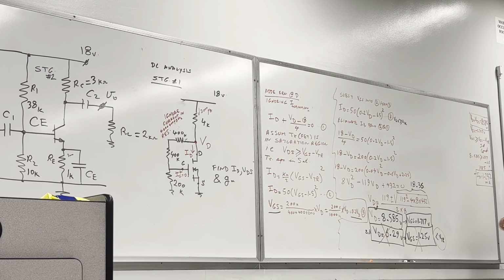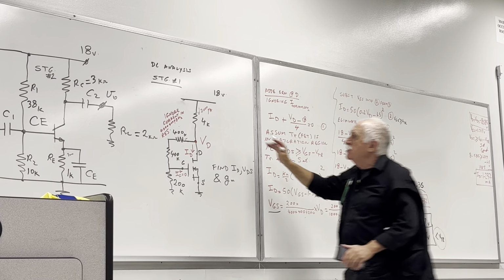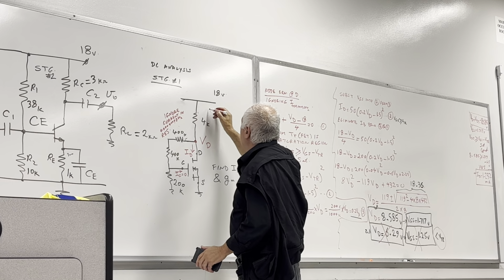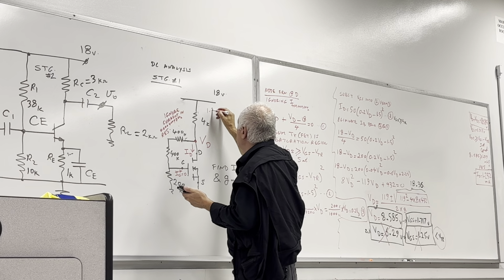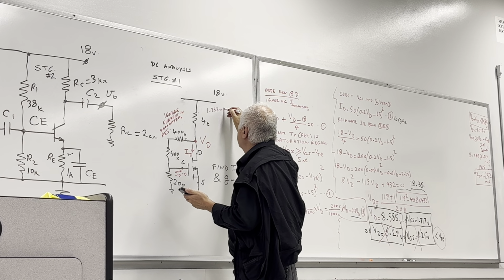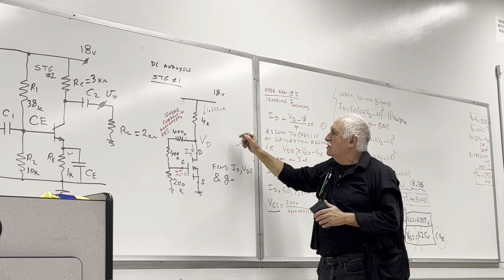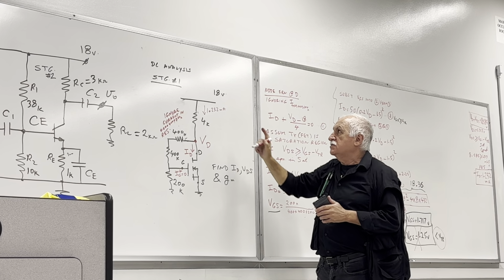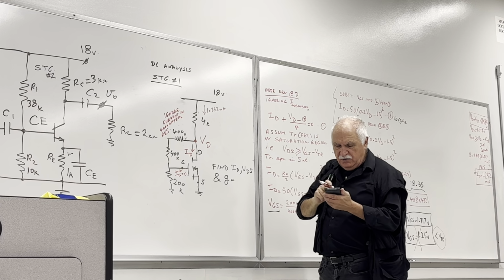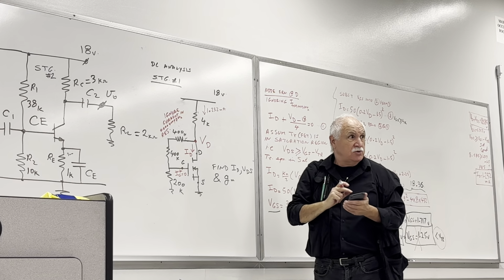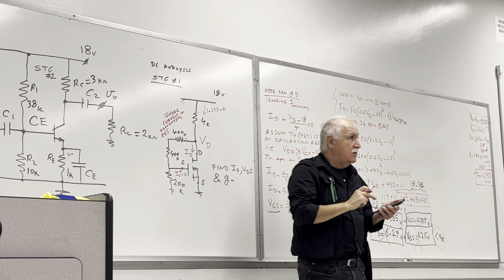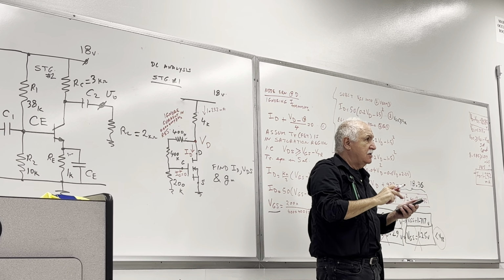Do I have 1.232 milliamp going down? Something is fishy here. I got 2.32. You got 2.2? Or I got 2.35. 2.35. Yeah.